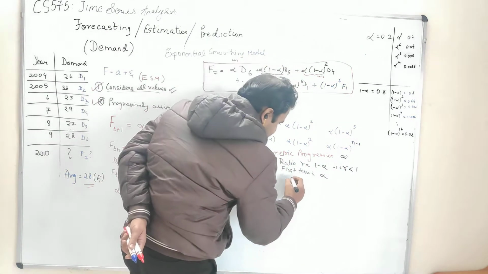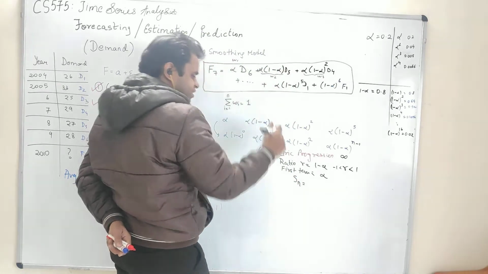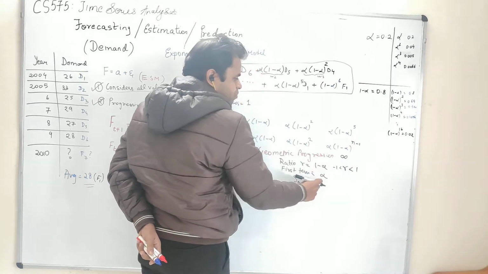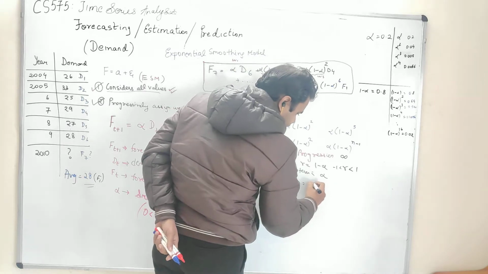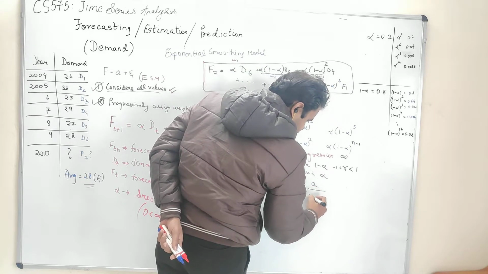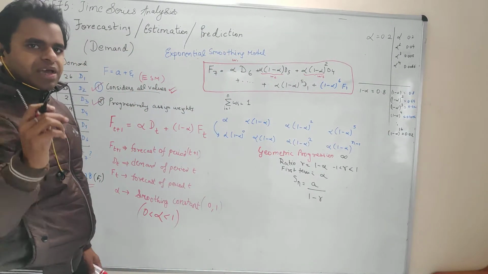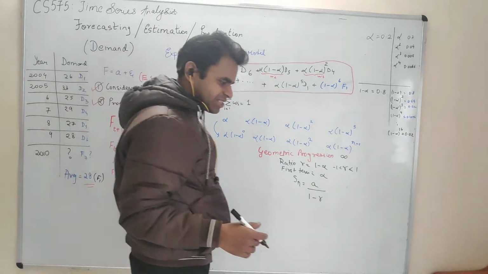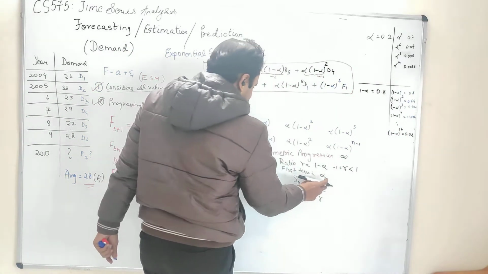So in this case we want to calculate the sum of the weights. When we have an infinite GP series with a common ratio having values between minus 1 and plus 1, the sum comes out to be A by 1 minus R, where A is the first term and R is the common ratio. This is the basic geometric progression that we studied. Now in this case, what is our first term?